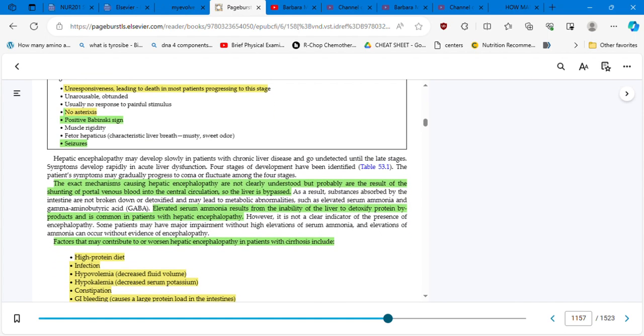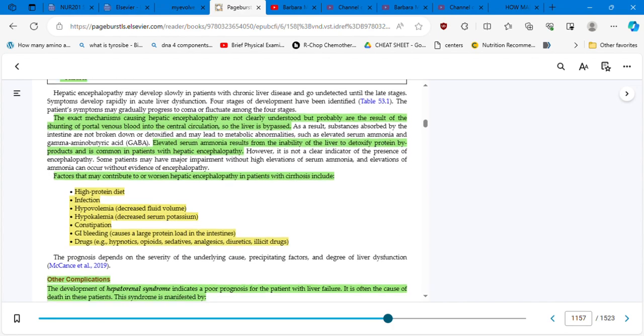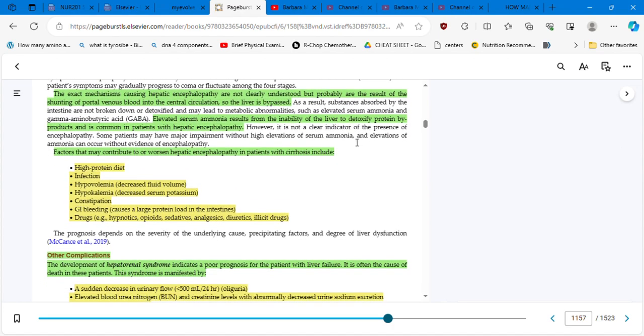The exact mechanisms causing hepatic encephalopathy are not clearly understood, but probably are the result of shunting of portal venous blood into the central circulation, so the liver is bypassed. Elevated serum ammonia results from the inability of the liver to detoxify protein byproducts, and is common in patients with hepatic encephalopathy.